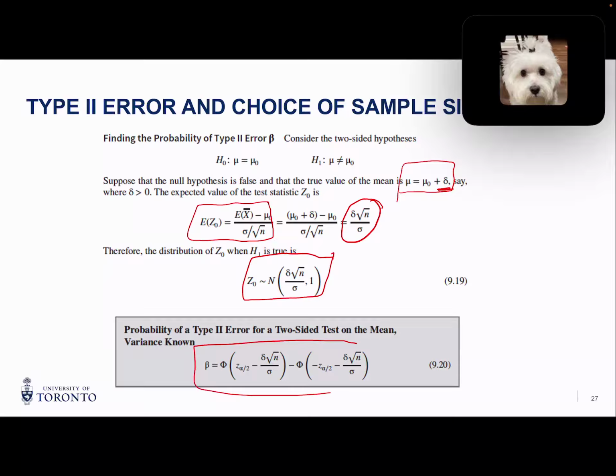And so we can calculate our two-sided error like so. Z alpha/2 minus the normalized difference, minus the negative Z alpha/2 minus the normalized difference. Still the same cumulative distribution function, but I'm just looking at how much I'm moving inside of Z alpha/2 space, given that value.